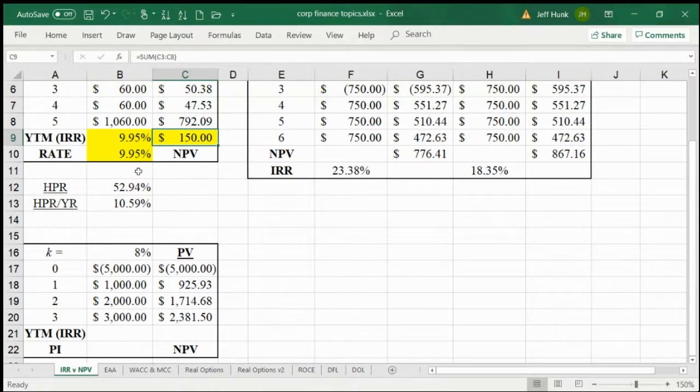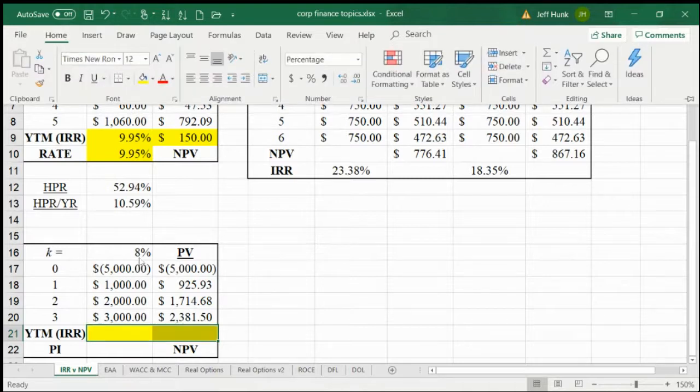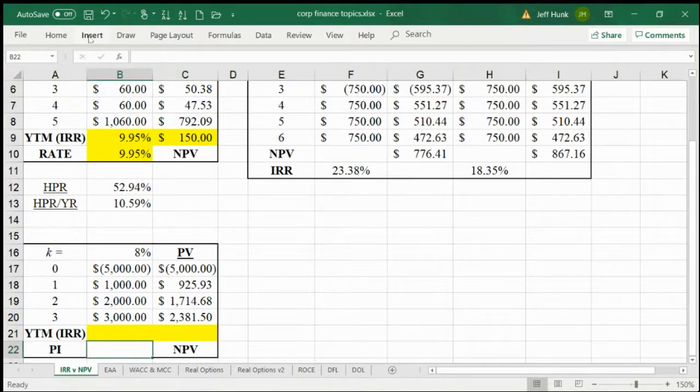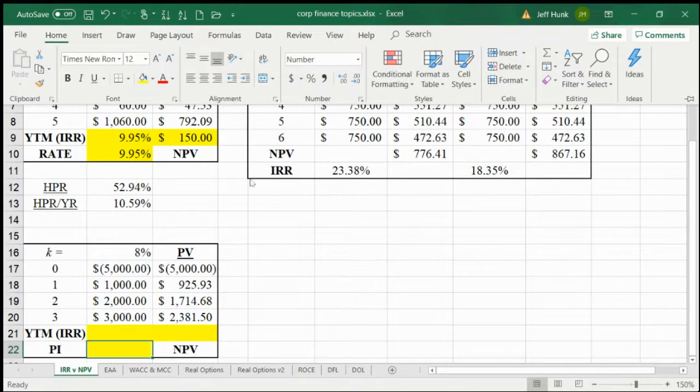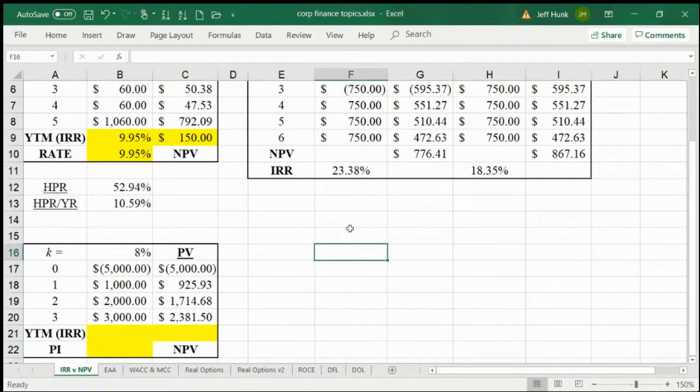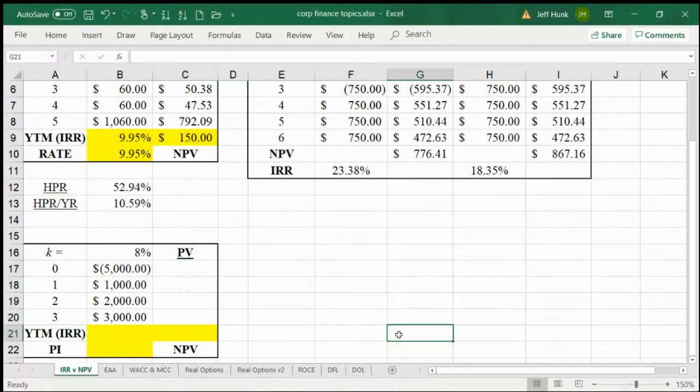Yellow highlights are primary solution cells. So I'm going to put the highlights there to indicate that these are the solution cells. And also, I want to clear that out.